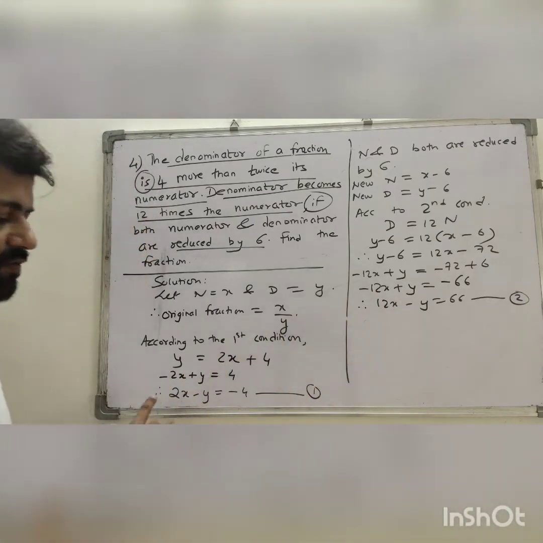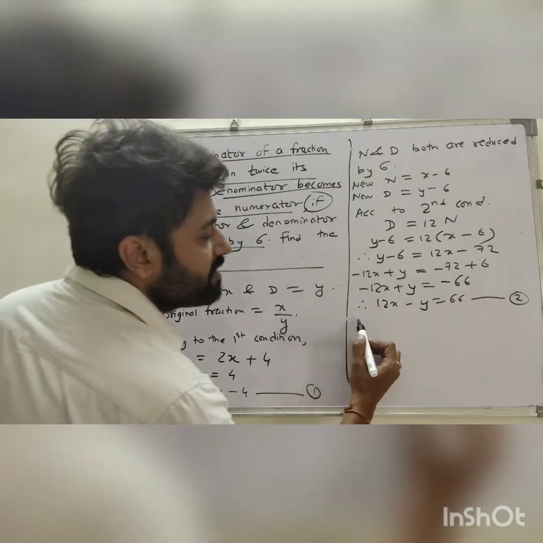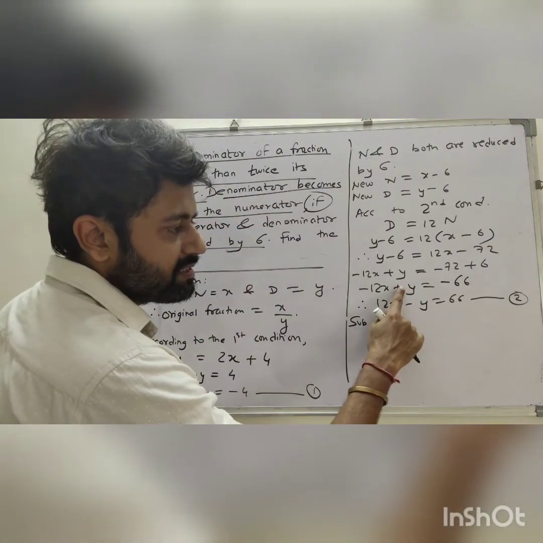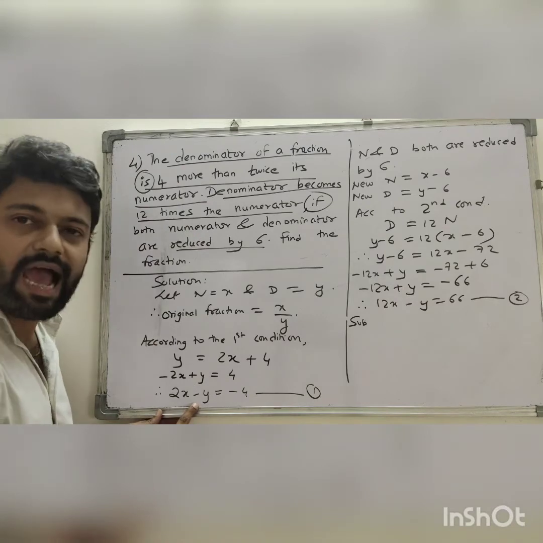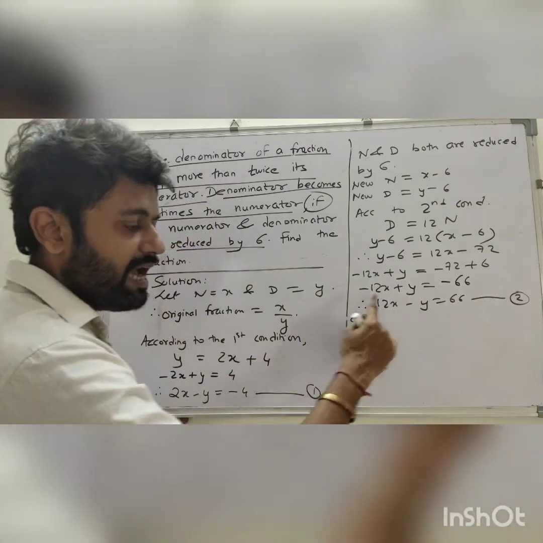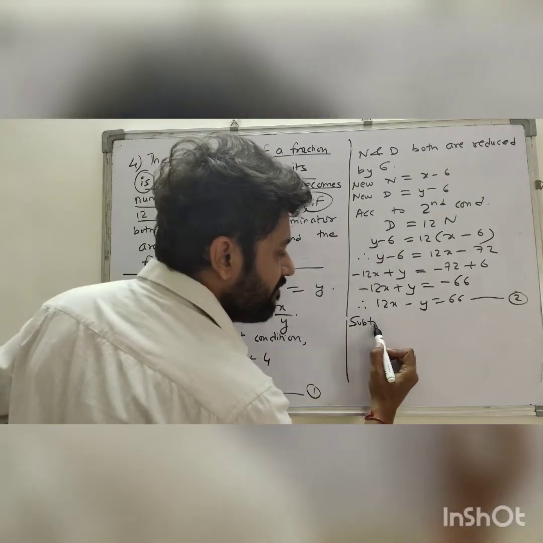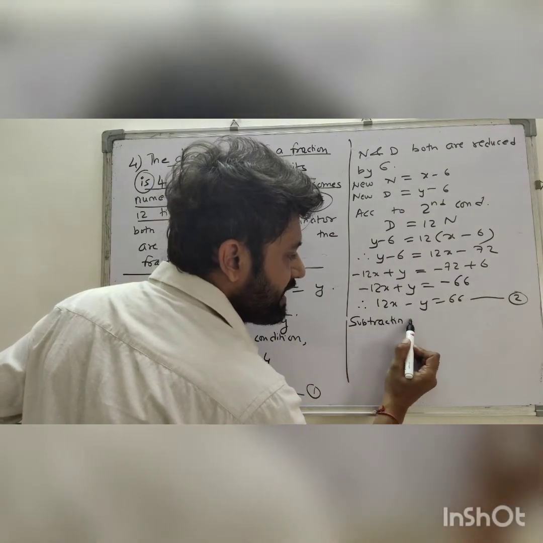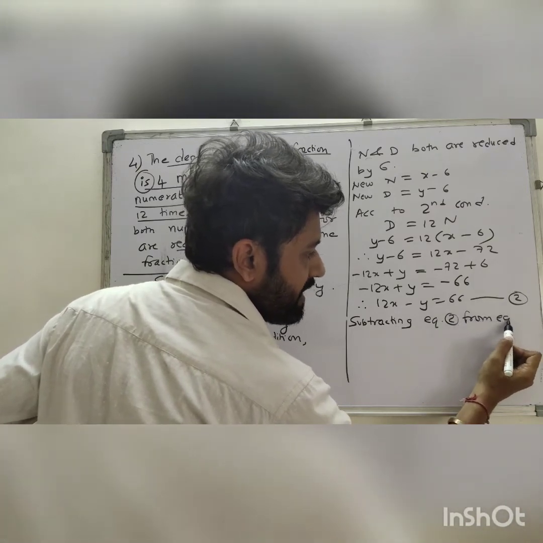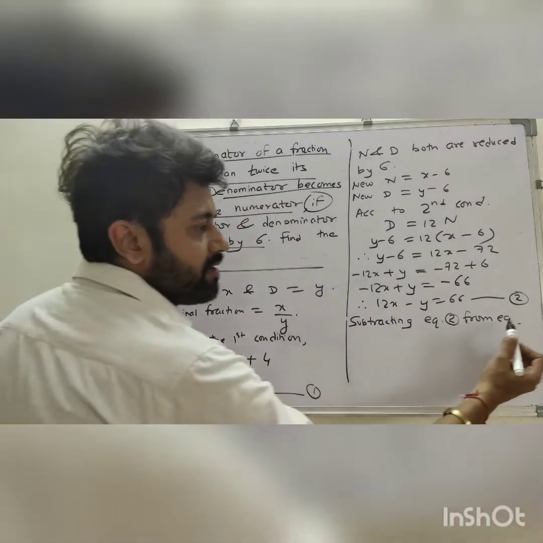Minus y, same sign, we will subtract. If we would have kept this, then we would have added it. Here, since I am using second equation, I will subtract it. I will write subtracting equation number 2 from equation number 1.